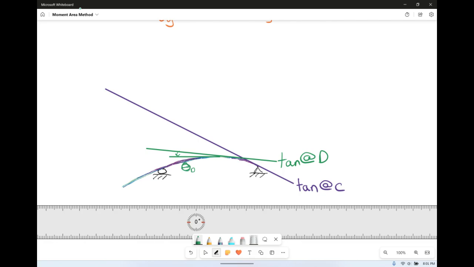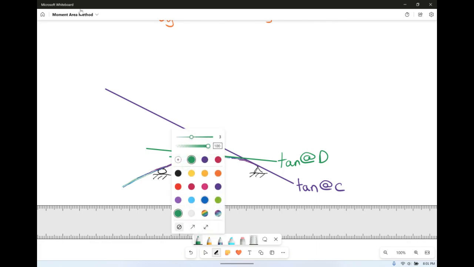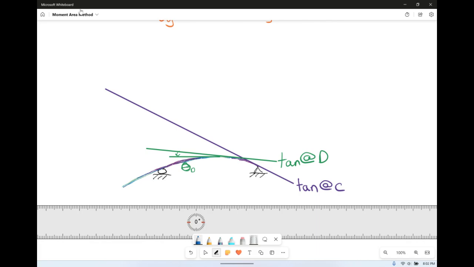So in order to find the angle of D, we have to use a little bit of geometry. One of our moment area theorems is that the angle between two tangents, specifically this one here, the angle of tangent C with respect to tangent D, is going to be the sum of the area on the moment diagram between those 2 points, so between C and D. So that's great, but that really doesn't do much for us.